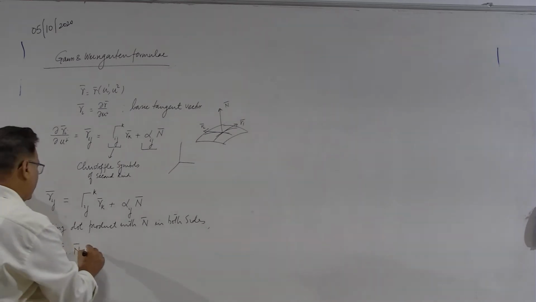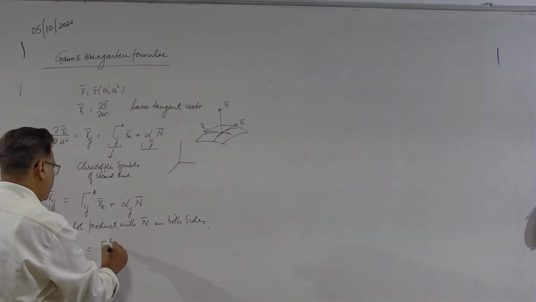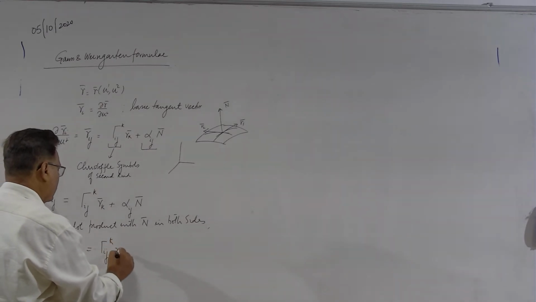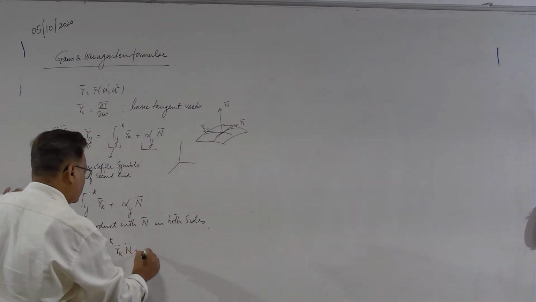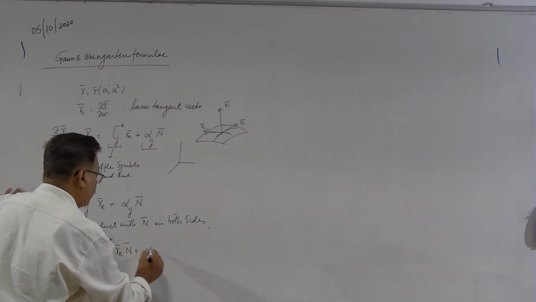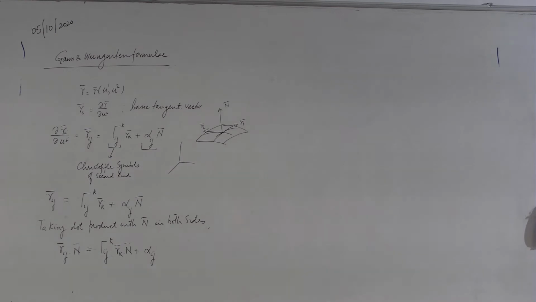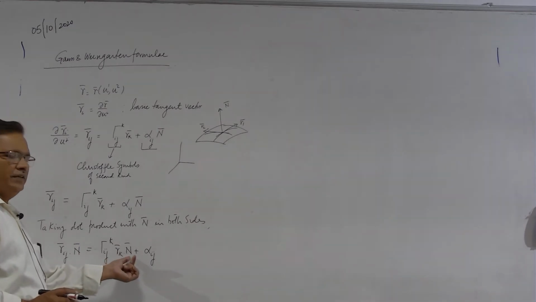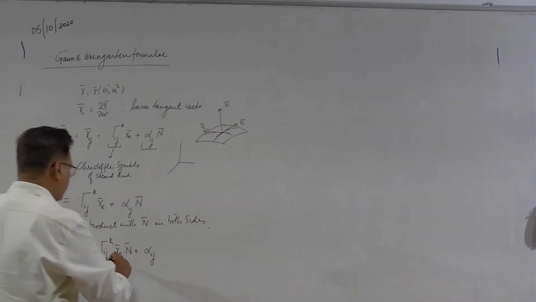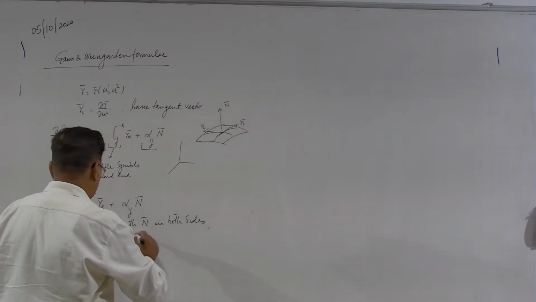On the right side, you will have gamma^k_ij R_k dot n plus alpha_ij only, since n dot n is 1. n stands for the unit normal to the surface. Moreover, R_k is a tangent vector and n is a normal vector, so this dot product will be 0.